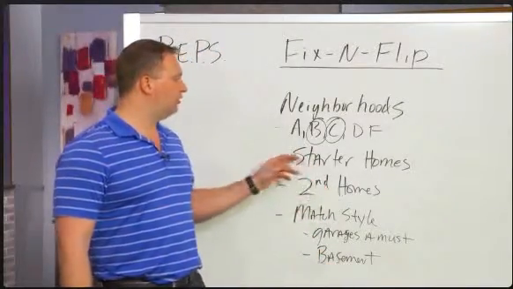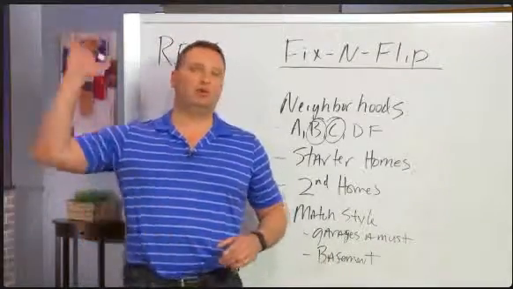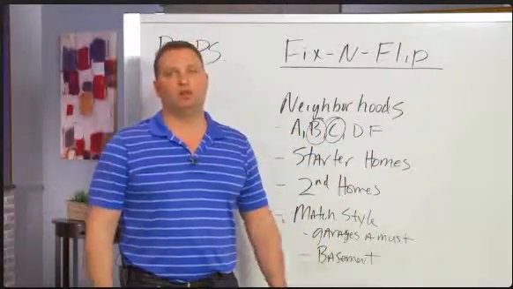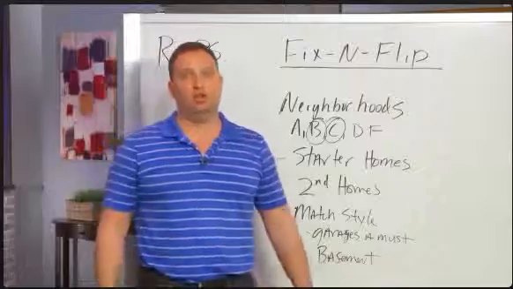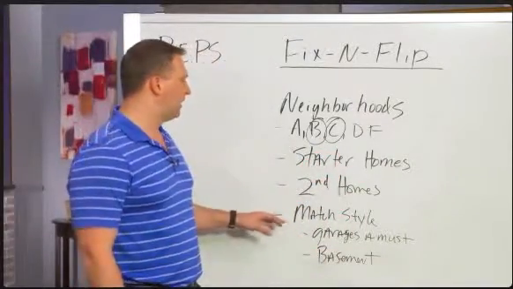So those are the two types of properties I focus in on for fix and flips. I don't focus on the $1 million mansions, and I stay away from the higher crime areas. If you focus on that, you will make money. You will do deals that you can make a nice profit on.